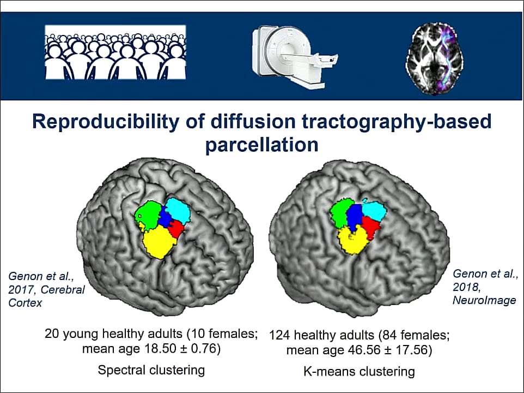But one argument that is actually a good argument is that we still use the same tractography procedure. So if there is a strong artifact, as it can happen in the tractography procedure, whatever the type of sample, whatever the type of clustering approach that we use, it will still be there, and it will even be more likely that we reproduce the same parcellation scheme if the artifact comes from the tractography procedure directly.